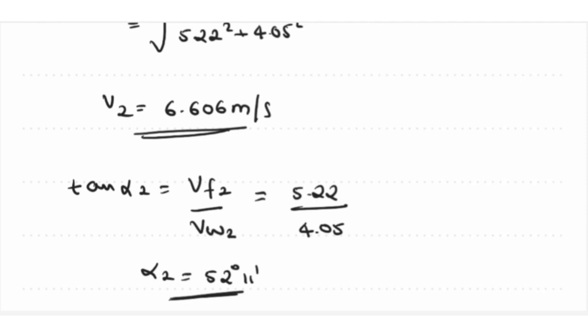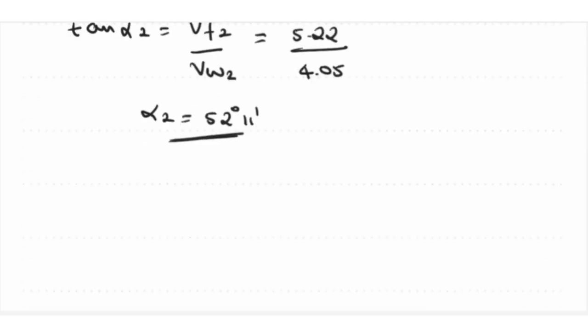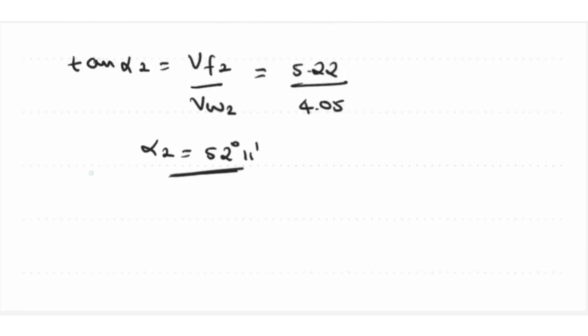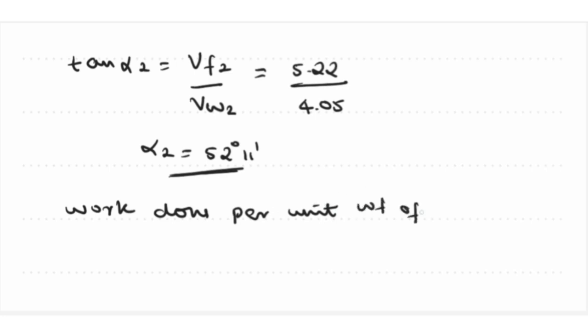Now we have to calculate the second question, that is work done. We have to calculate work done per unit weight of water. So that is equal to rho into A into VR1 into VW1.